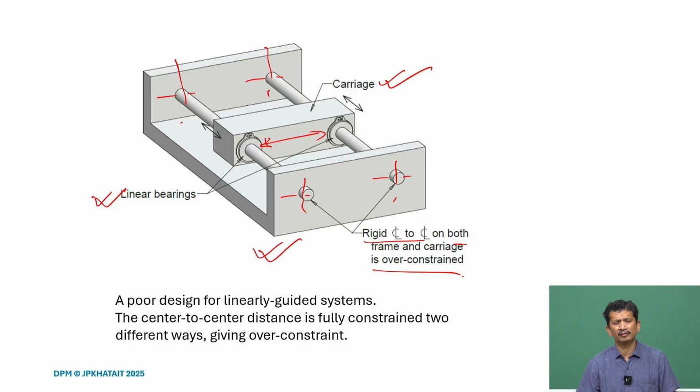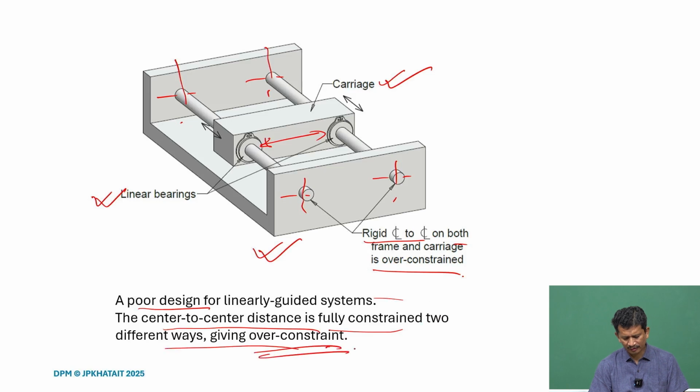We provide a lot of clearances, so there is a lot of backlash and movement there. It is a very poorly designed system, and one of the reasons is the over constraint here, how to put the two guides together and make them parallel. If we design this way, we will face a lot of problems, and there is always a limit.